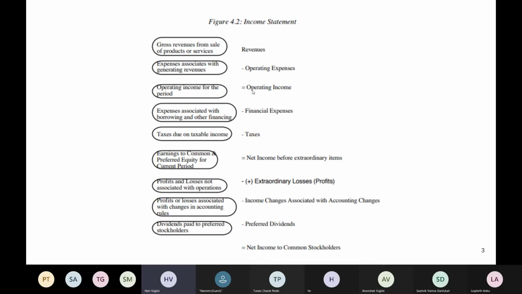From this operating income, you subtract the borrowing costs. Suppose you borrowed money from the bank or from somebody else as a company, you need to pay interest. This borrowed money is not for free. You have to pay some kind of interest, so those are your expenses associated with borrowing and other financing activities. You need to subtract that. It's called financial expenses.